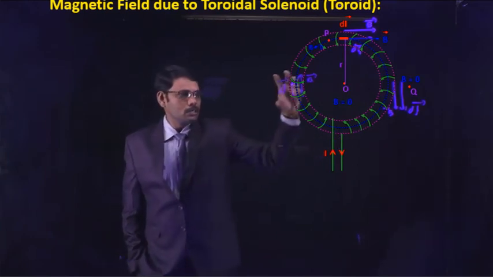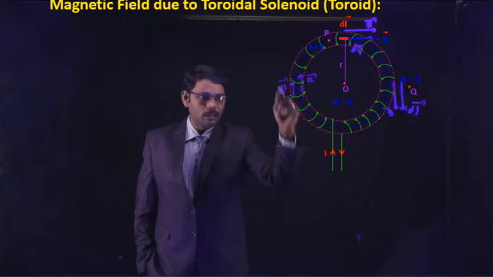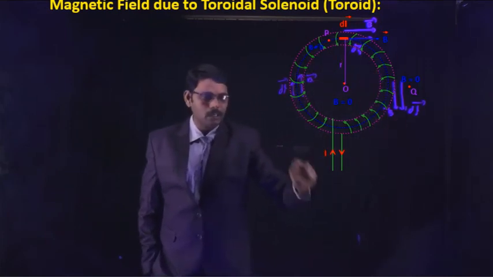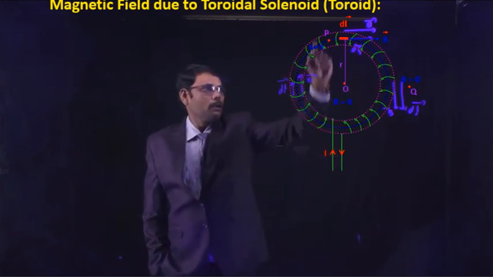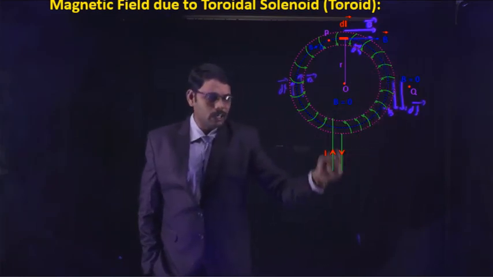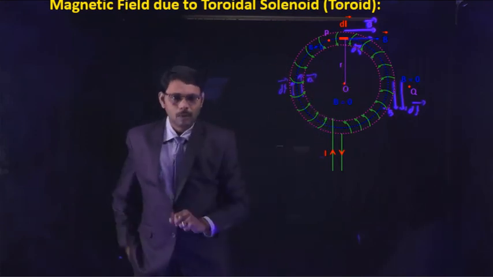Around this circular shaped object, we wind a current carrying wire, as shown here. You are observing in the diagram a copper current carrying wire wound around the circular shaped object, like around the tire.